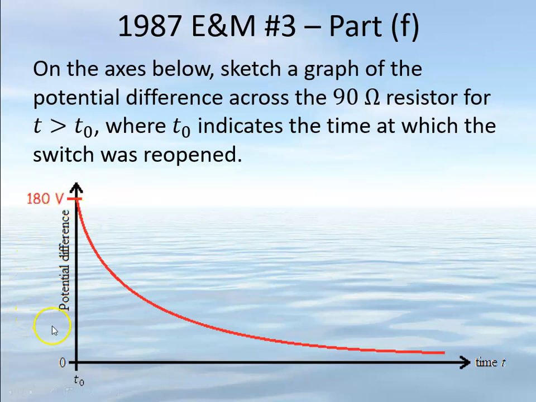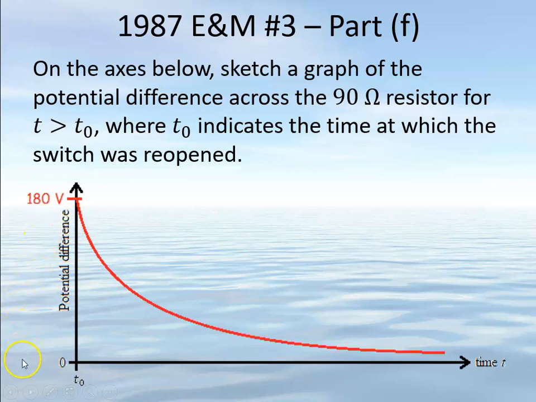They do like to have these types of numbers labeled if you know a particular number, especially at the start, or if you know the value of an asymptote in terms of variables. They generally like to have that labeled. Also notice on the horizontal axis we have labeled our initial time as t0. So other than labeling our potential difference as what we're graphing on the vertical axis, we are done with that part.